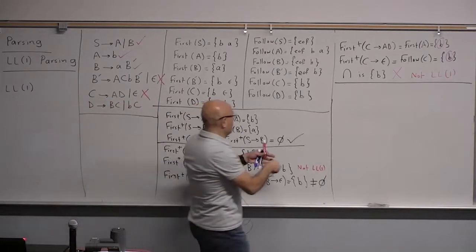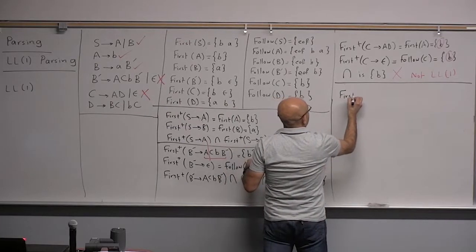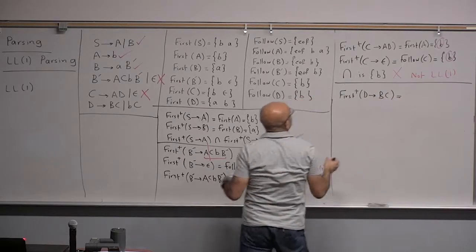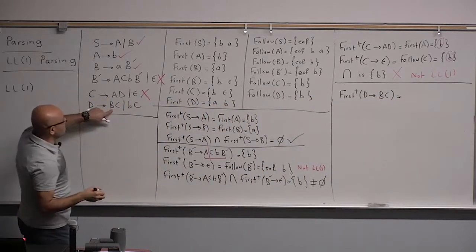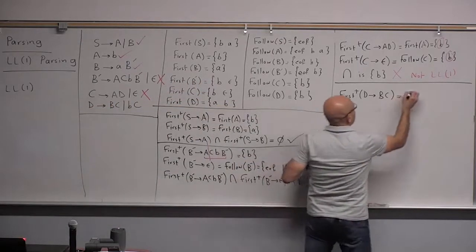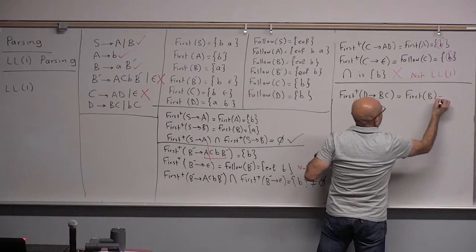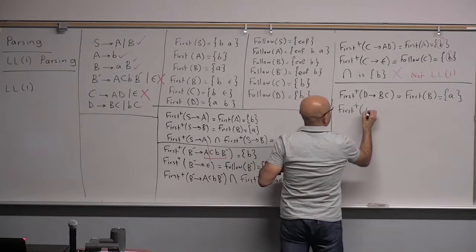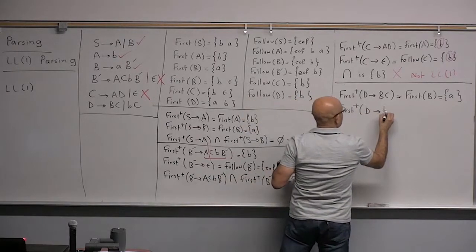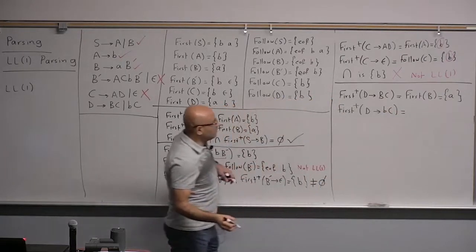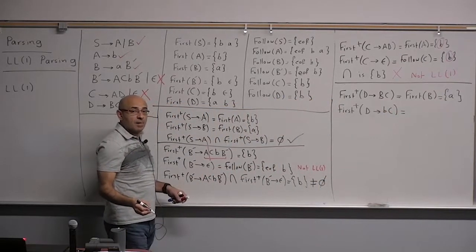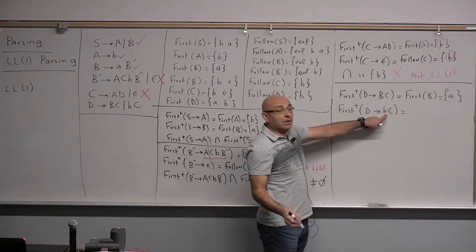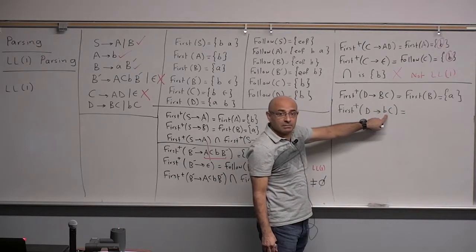Now how about D? Let's do D. First plus of D goes to B C. The first of B is A. And what's the first plus of the other alternative? Just B, because this symbol is a terminal, and the first of a terminal is the terminal itself.